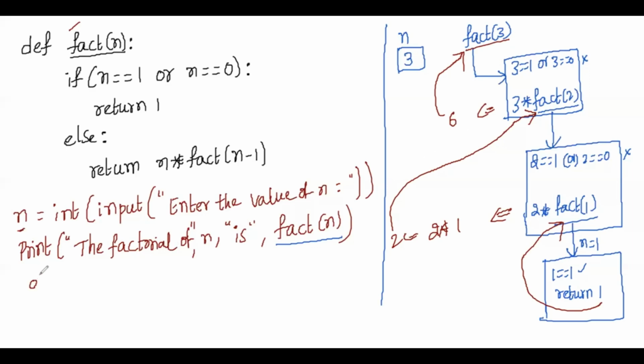So in this program, the output that is displayed here will be the factorial of n value 3 is fact of n. Fact of n is basically returning value of 6. So factorial of 3 is 6. This will be returned here.